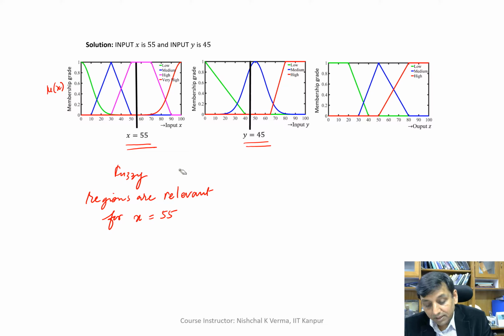The first fuzzy region is the high region, and the second region is the very high region.